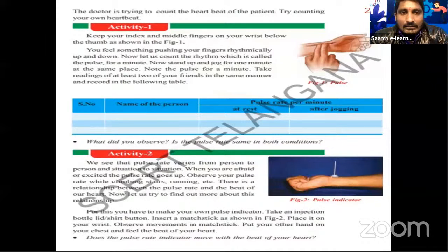By my guidance, you have to make the pulse indicator, and as Srihita Reddy is ready with that. Thank you. Whenever class starts, I can explain how to make that pulse indicator, and after that let us check the pulse by using the pulse indicator which we are making ourselves, right?